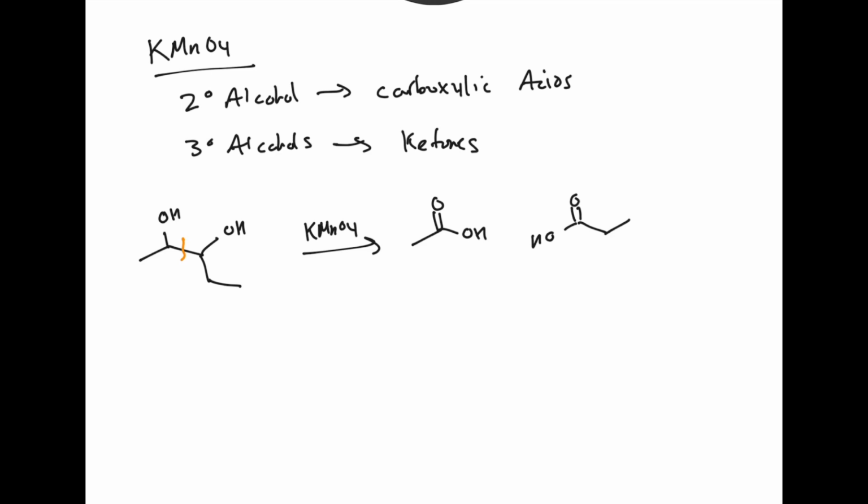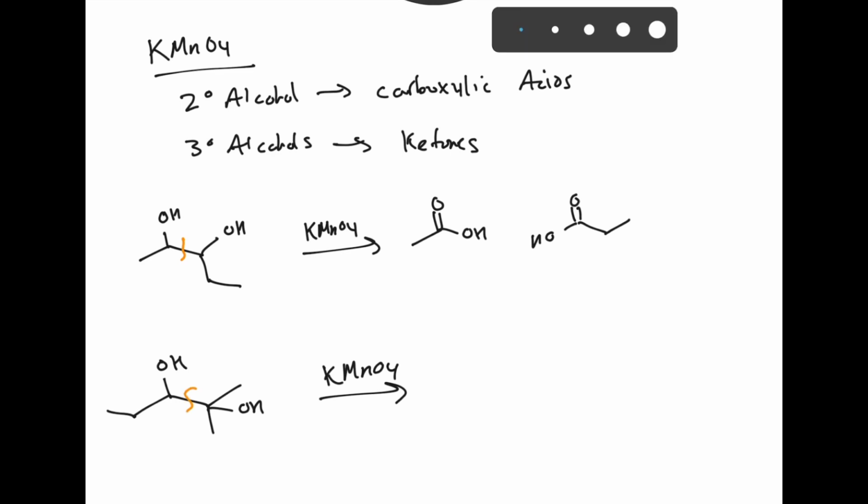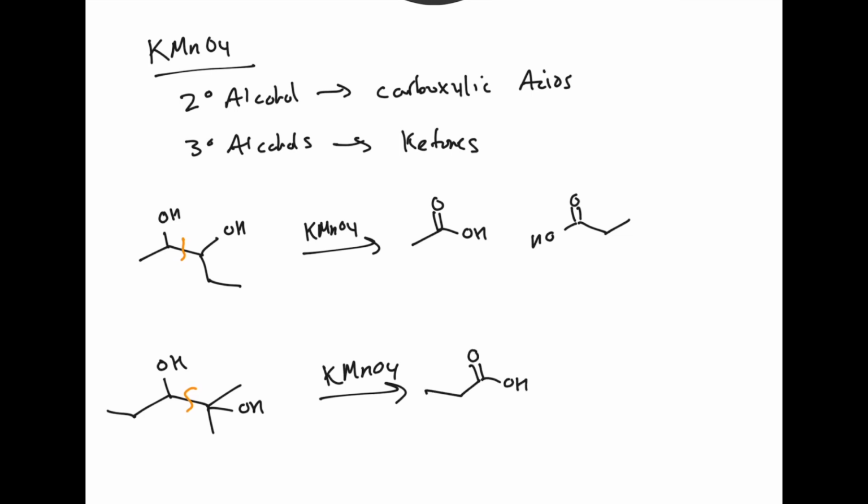So you can break the carbon-carbon bond, and then there's still a hydrogen, so the KMnO4 removes that, so you oxidize it twice. For tertiary alcohols, you break that bond, and the tertiary alcohol can only be oxidized once. So here I'll make a carboxylic acid on this side plus a ketone on the other.